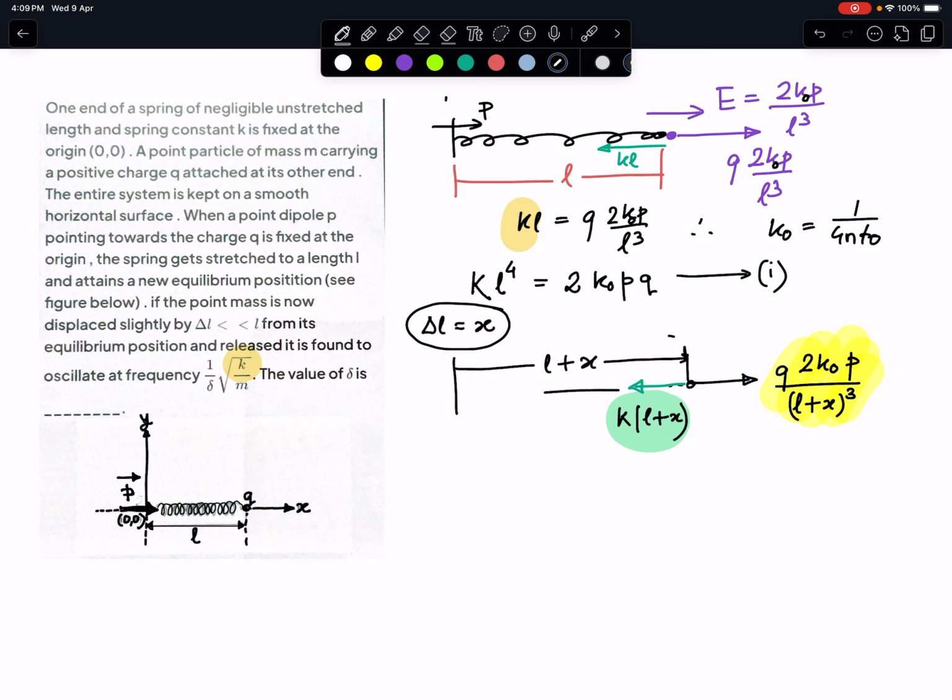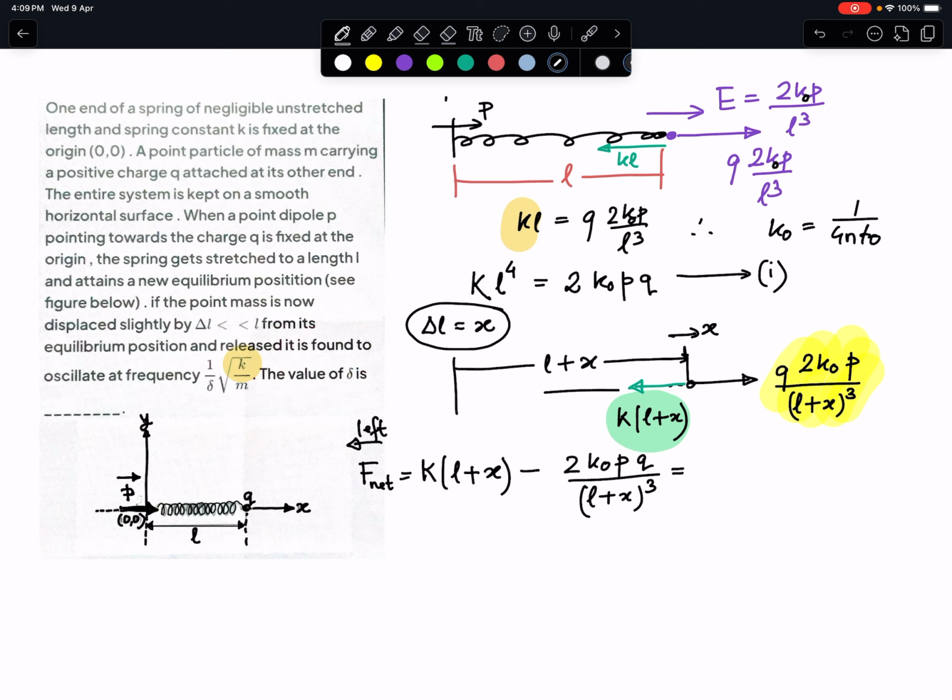So the displacement is here, so the net force to the left is K times L plus X, minus 2 K naught P Q by L plus X to the power 3.